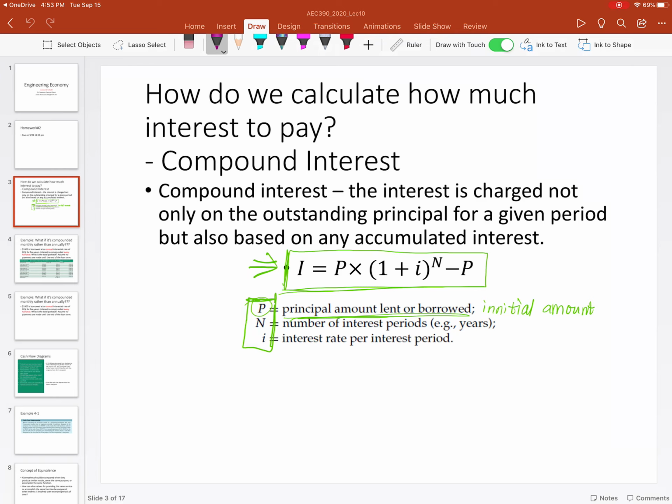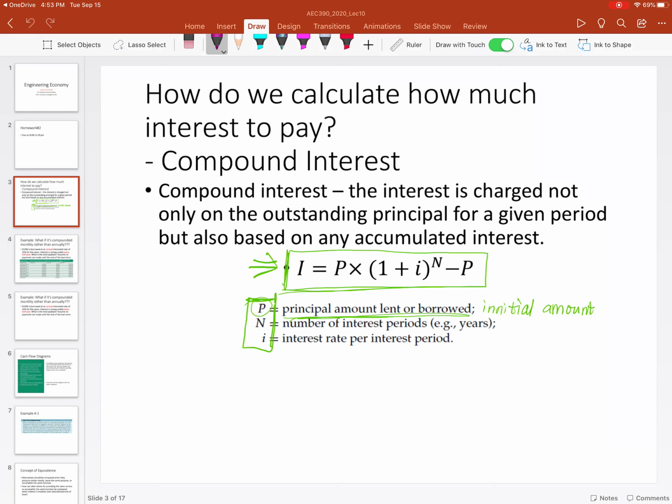Just recall what we have learned in the last class about interest. We said interest is something like an incentive to convince somebody or a bank or a company to invest in different business projects, right? So that's an incentive.